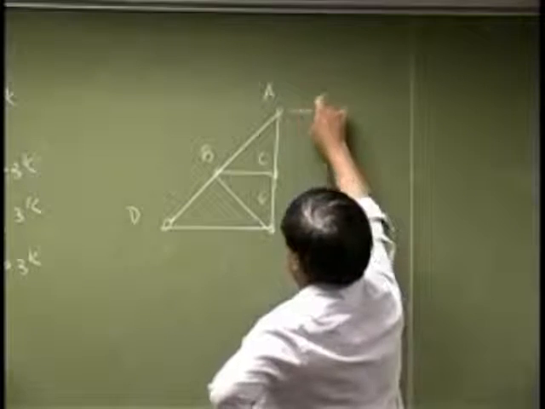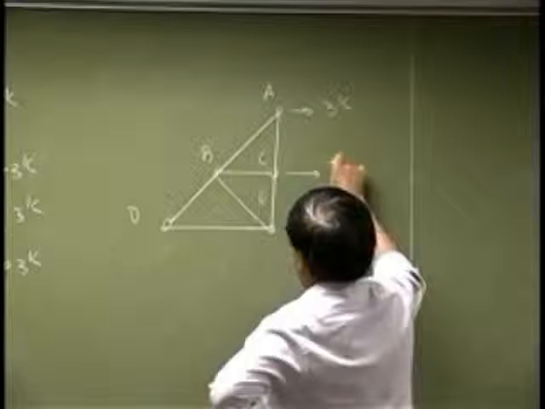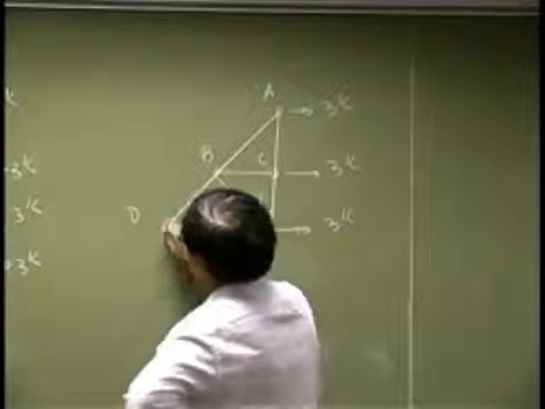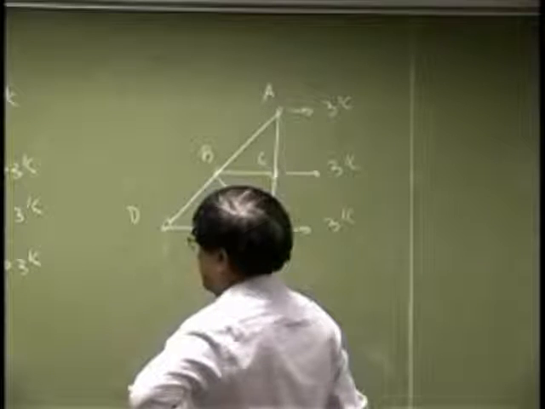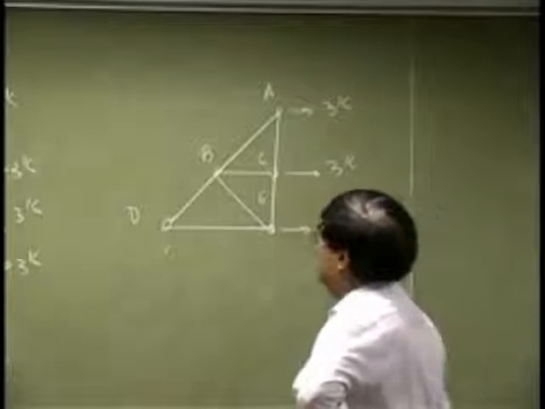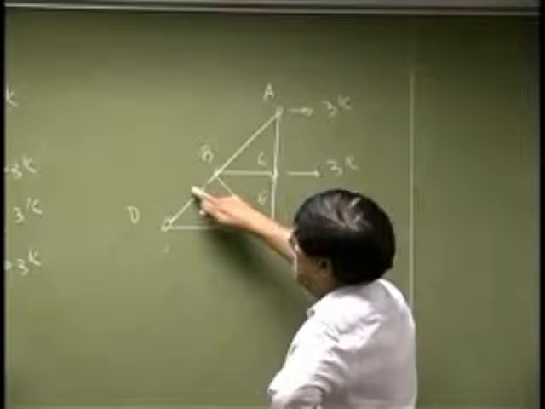We have force here, 3 kips, force here, 3 kips, another force here, 3 kips. And then you have the bottom part here. Now, we're saying that this member is not there.